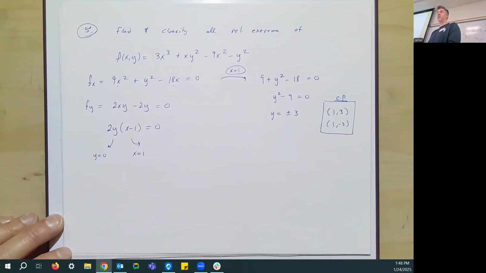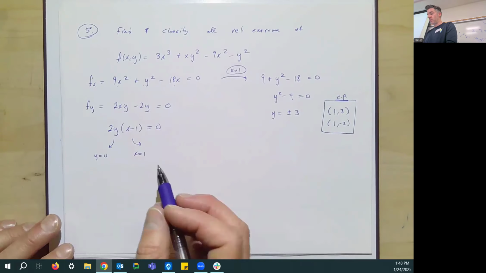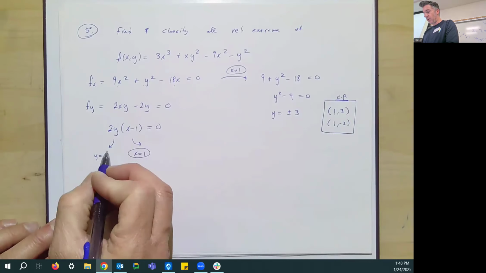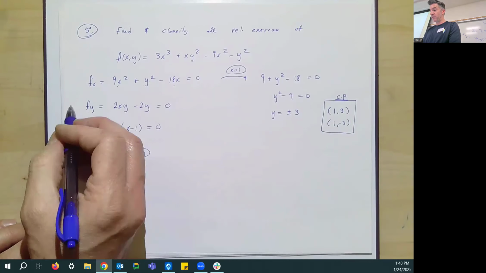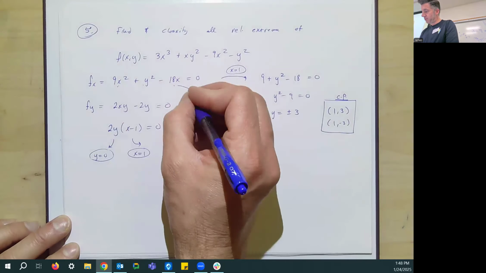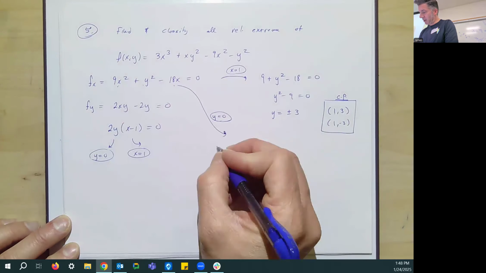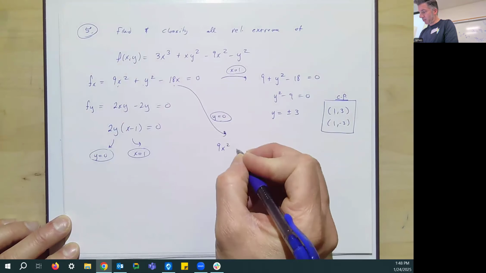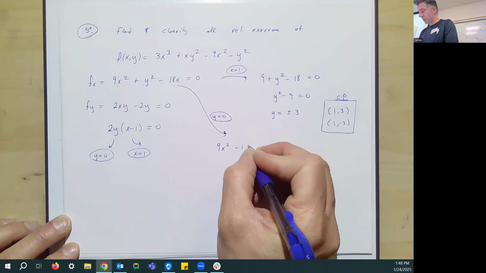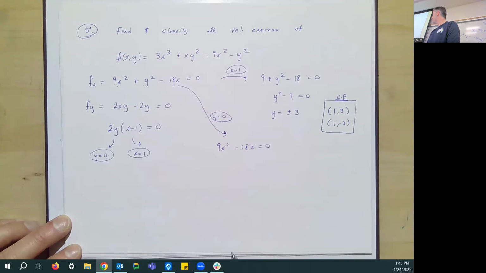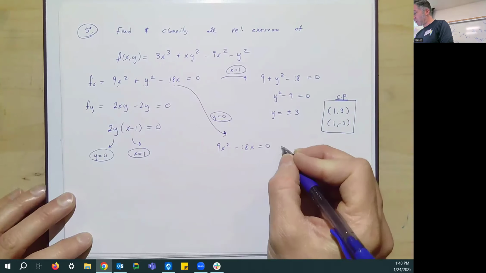Let's find the other critical points because we still have to also use, so we used this, now we're going to use this. So we're going to plug in y equal to 0 up here. We do that, we're going to get 9x squared plus 0 minus 18x equals 0. Here we're going to factor out because we can. So basically you're solving these equations in whatever way you can. Factoring when you can, solving when you can, doing whatever you can when you can.